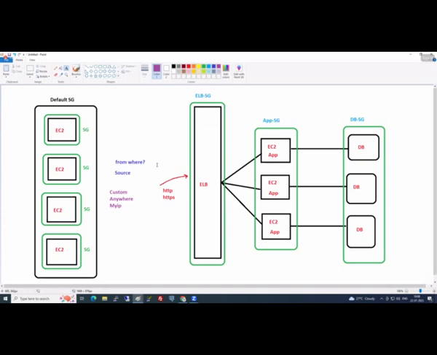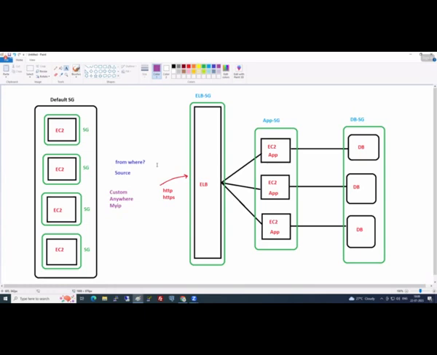Custom means only a particular network, only a set of people, only from something you are enabling the traffic. Anywhere means anyone. It is for the internet publicly. Anyone can go and access your website. My IP means only you, only from your laptop, only from your machine, you are accessing the load balancer.